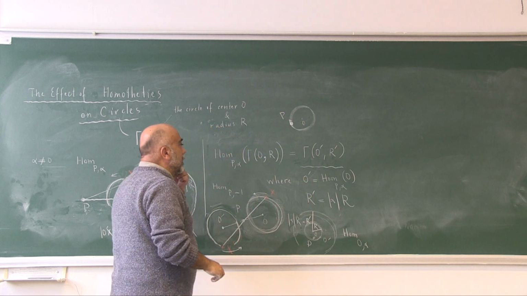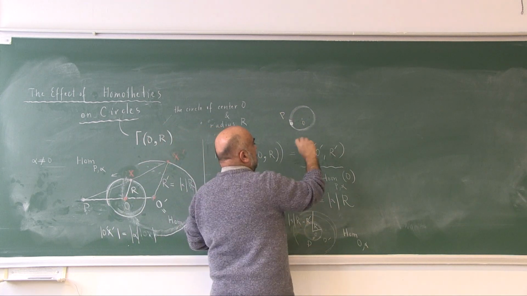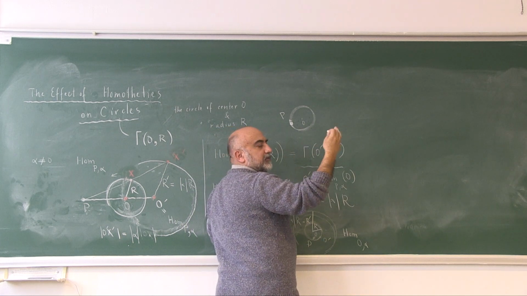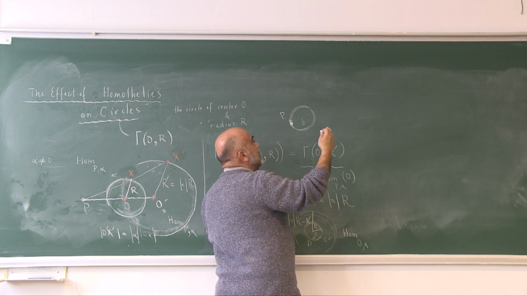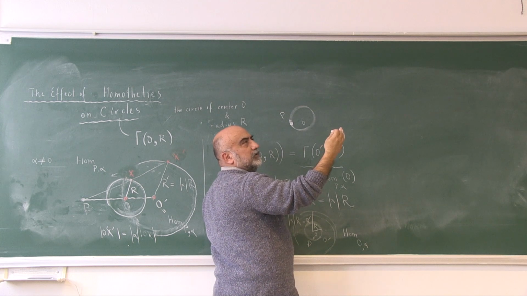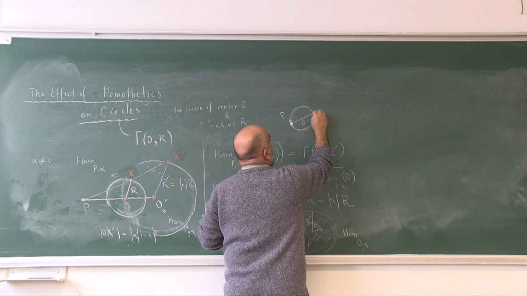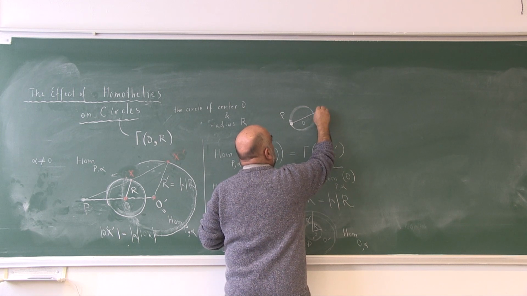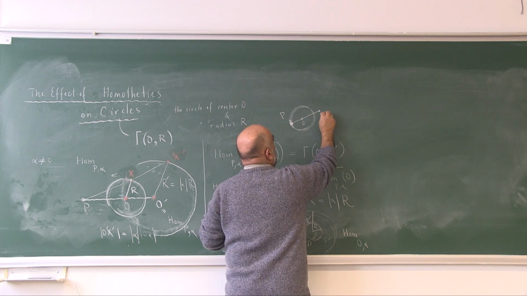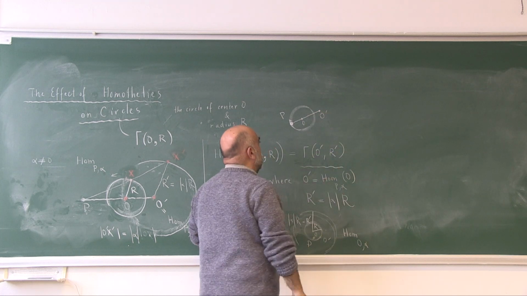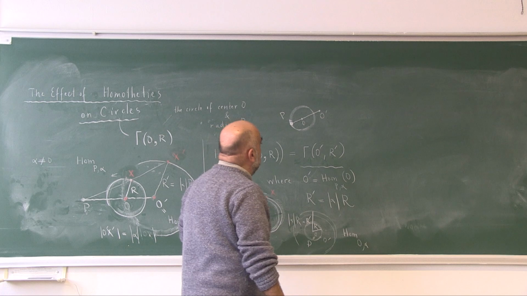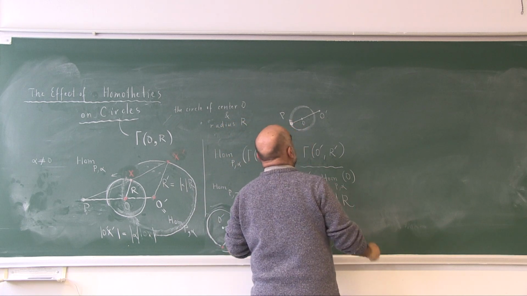Well, let me make the situation clear. Let me take the ratio of similitude something like 2.5. So this is what happens to the center, and the radius will also be multiplied by the same number.